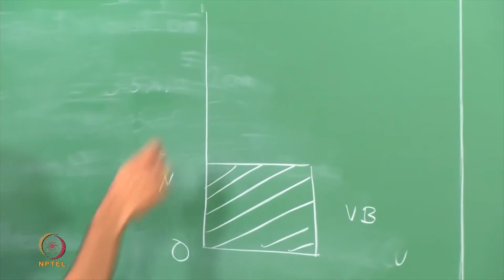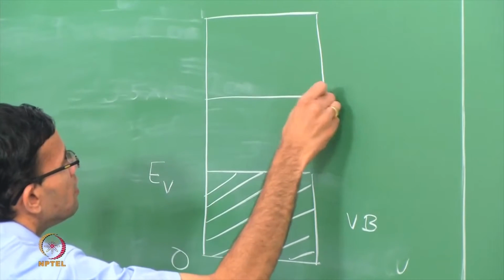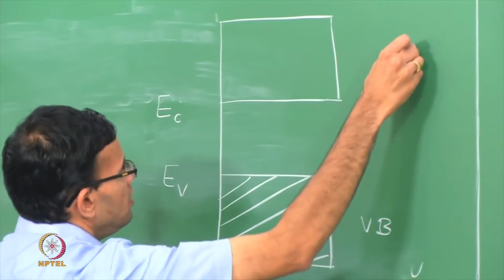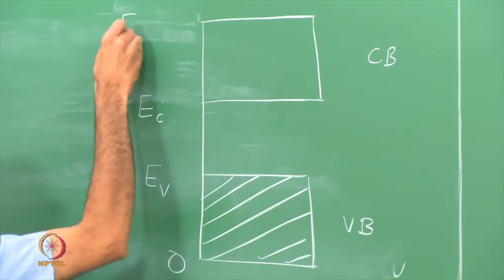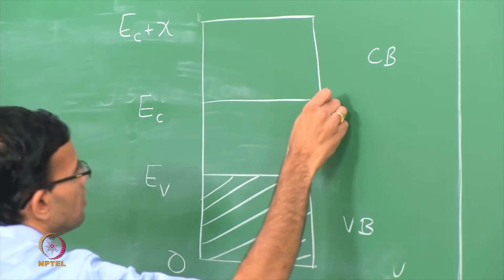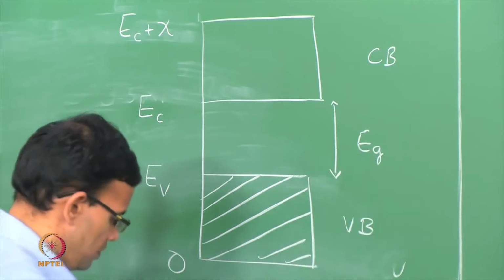And then we have a conduction band, the bottom of the conduction band is referenced as EC, and the top of the conduction band is EC plus chi, and this distance between valence and conduction band is EG.